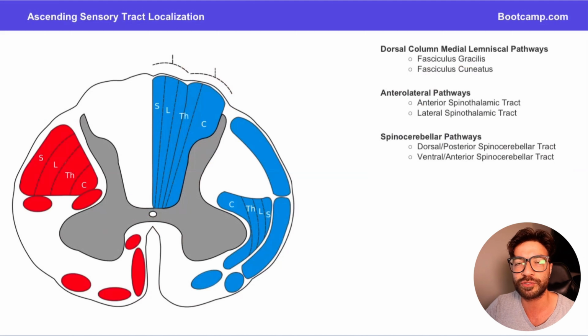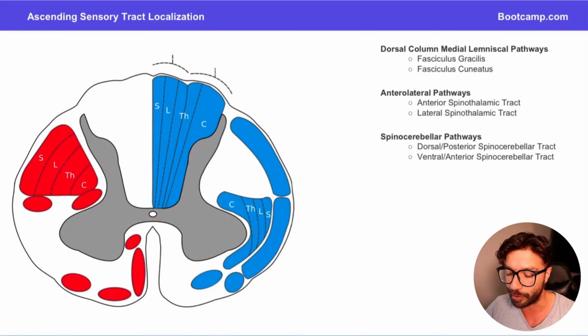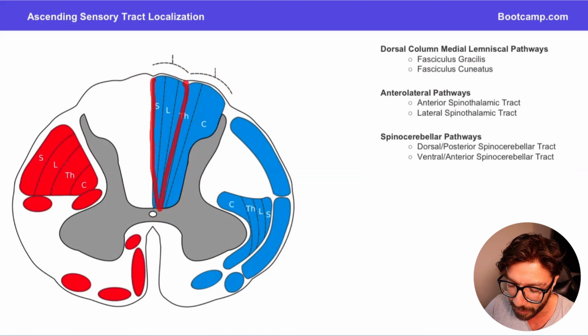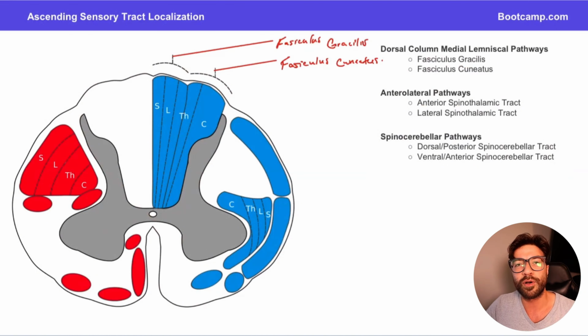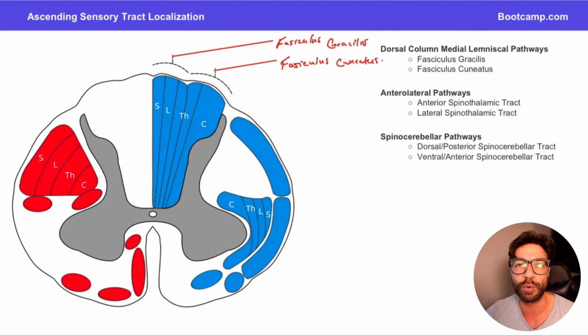These are found in our dorsal column. So this entire structure back here is our dorsal white matter column. Our gracilis is going to be found towards the midline right here, and our cuneatus is going to be found just lateral to that. Now, a way that you can differentiate which one is the gracilis and which one is the cuneatus is that the gracilis is going to be carrying sensory information from the lower limbs.